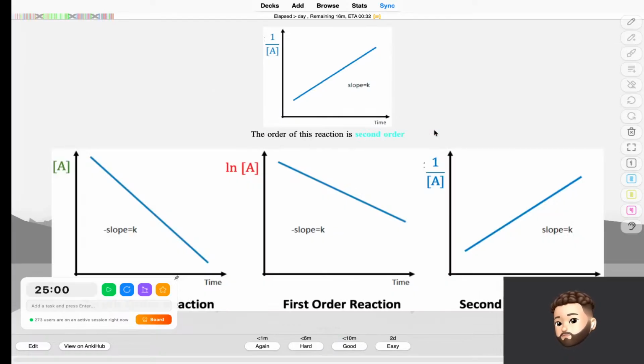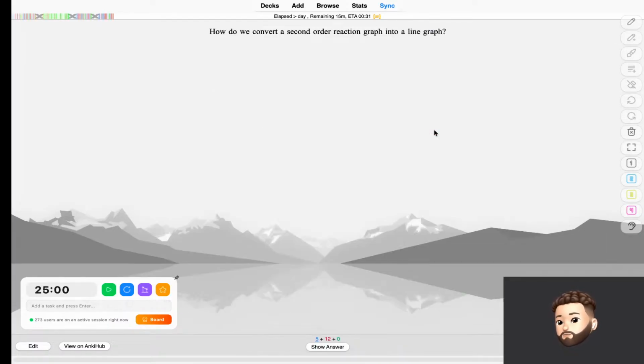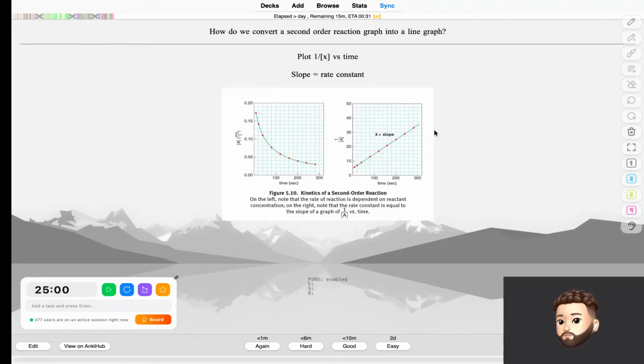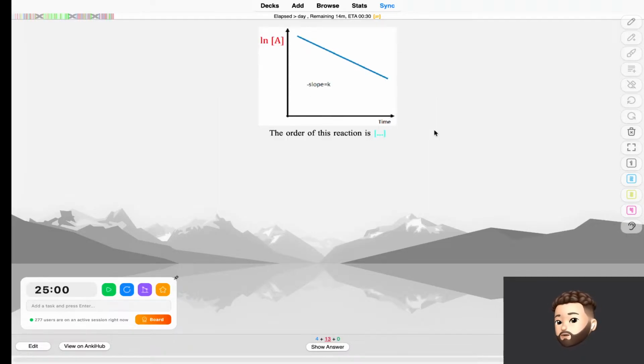Second, how do we convert a second order graph into a line graph? Graph the reciprocal versus time. The order of this reaction is first.